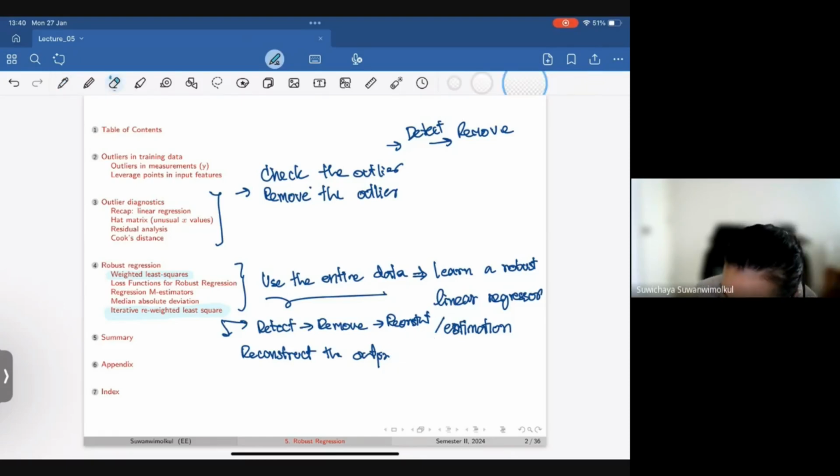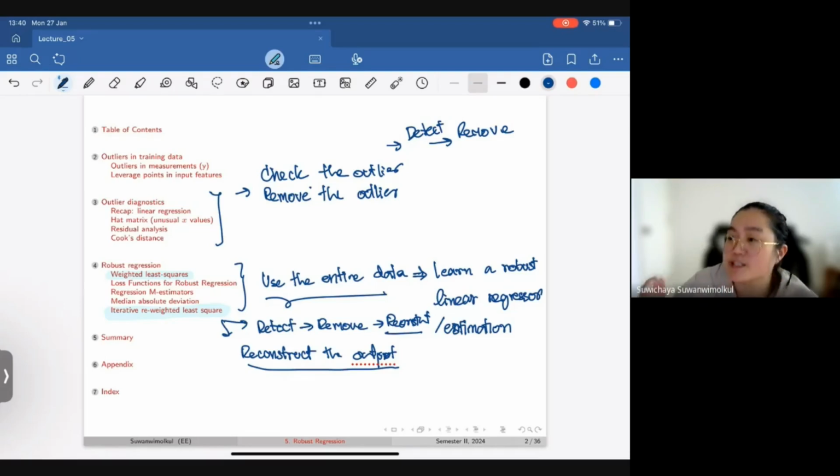So the key is that the first one you just remove it, but the second one you try to come up with a new estimation that is more robust than the techniques that people normally use.